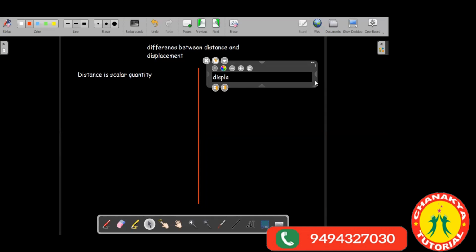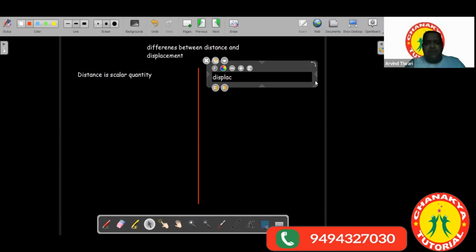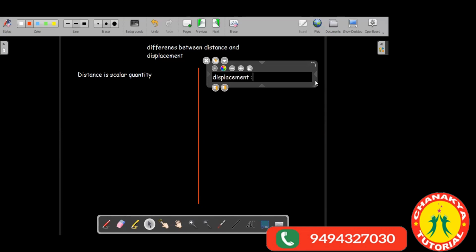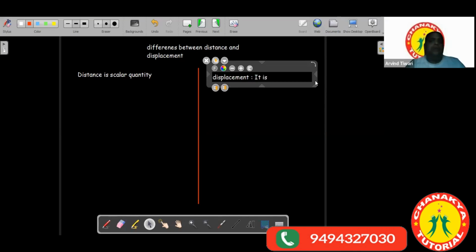What are scalar and vector quantities? Scalar quantities are those which only need magnitude, and vector quantities are those which need magnitude and direction. Okay. So displacement is a vector quantity. That means it requires magnitude as well as direction.